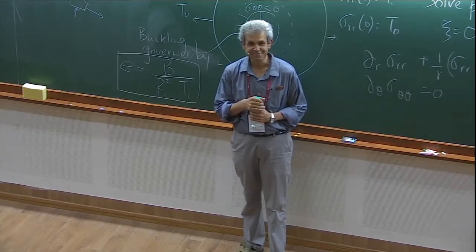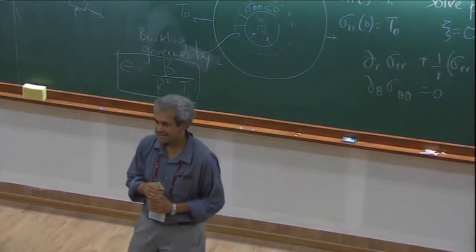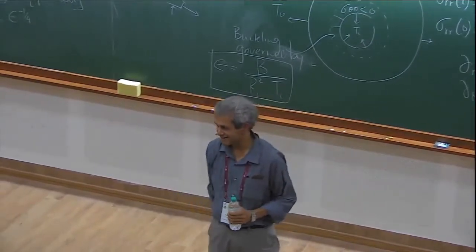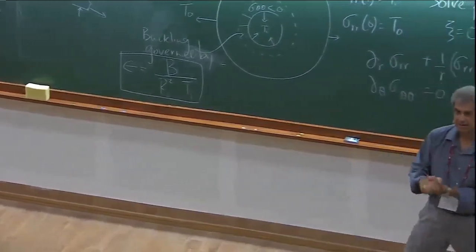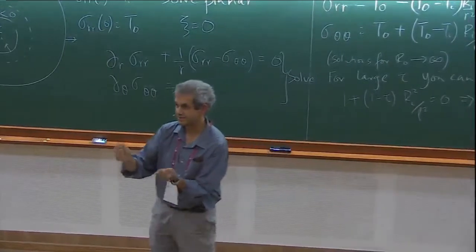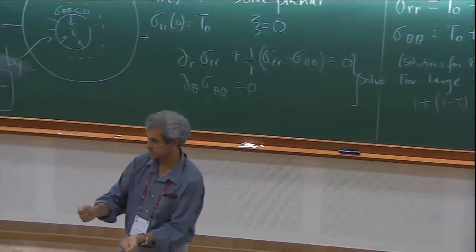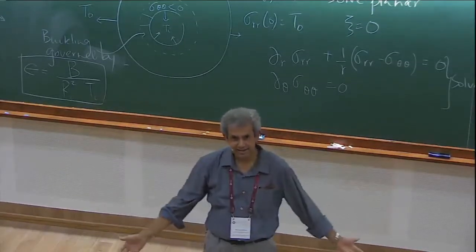I've got time. The clever kids in the front row say Euler buckling. So the first thing you do is the Euler elastica, right? We imagined that there was no planar stress that this thing could sustain. It just held its length, okay?